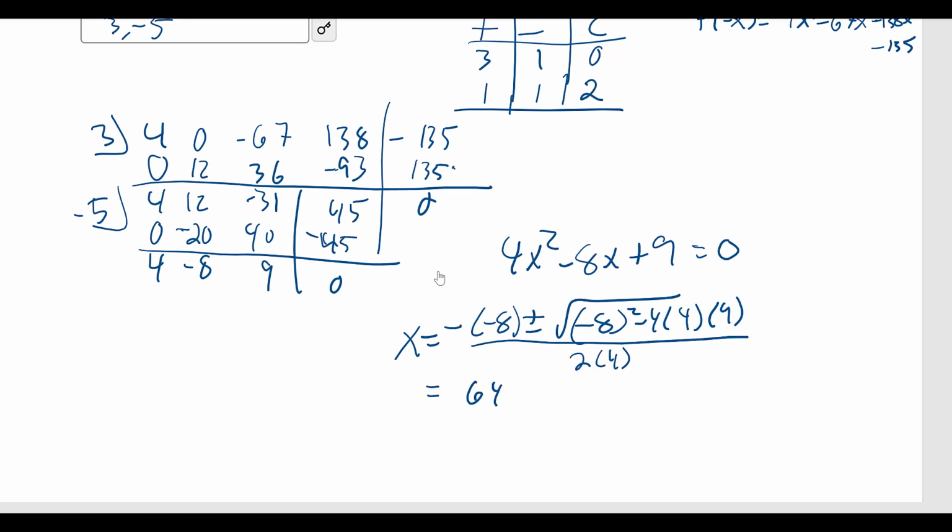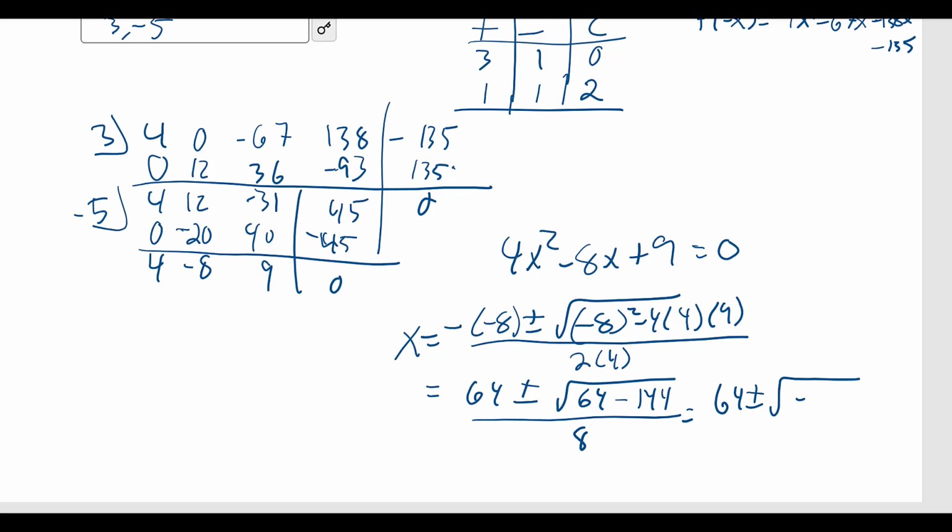That's 16 times 9. Isn't that 144? It is 144. Divided by 8. And so we have the square root of 64 minus 144, I believe that's -80.